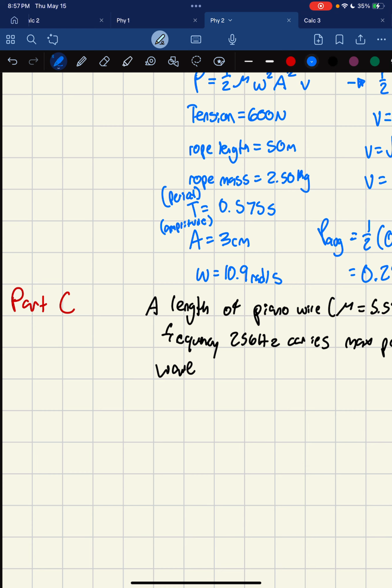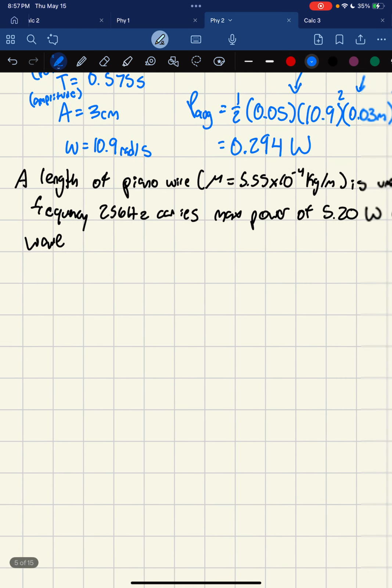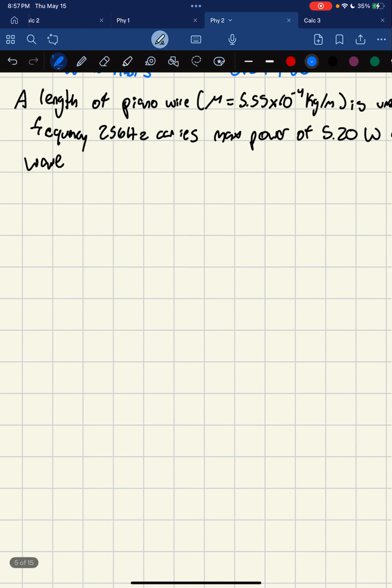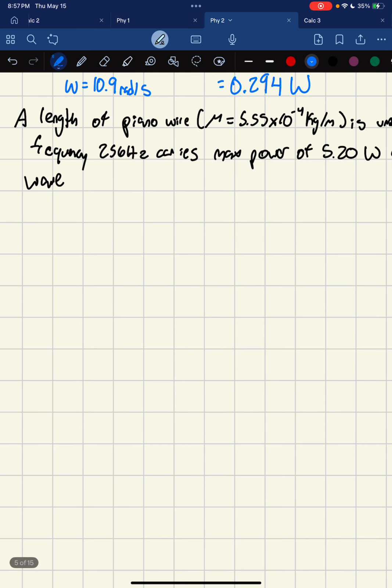Okay, so it's asking for the amplitude of this wave. So I'm going to be using this power formula.